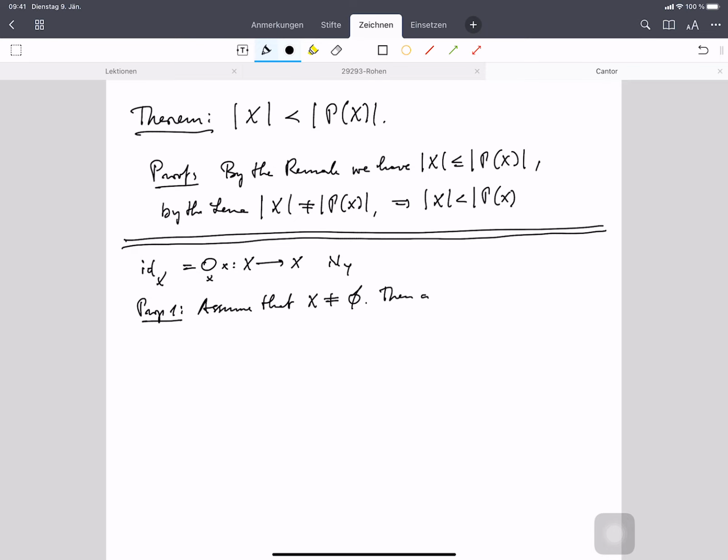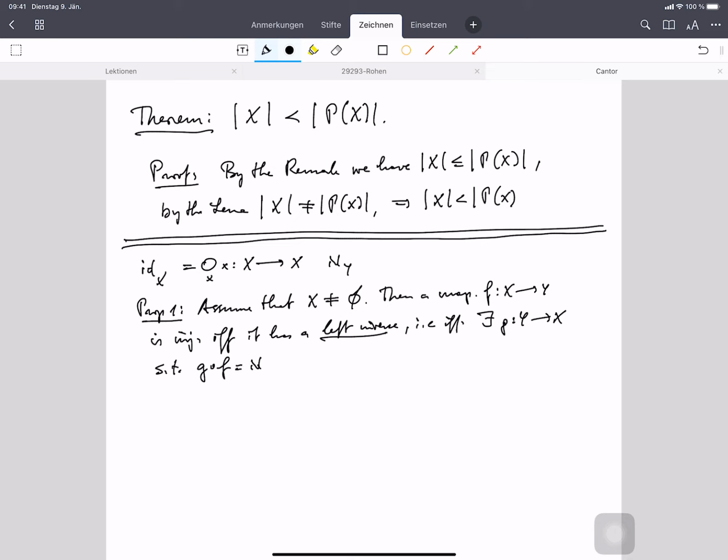Then a mapping f from X to Y is injective if and only if it has a left inverse, i.e. if and only if there exists a g from Y to X such that g composed with f is id_X. Proof.